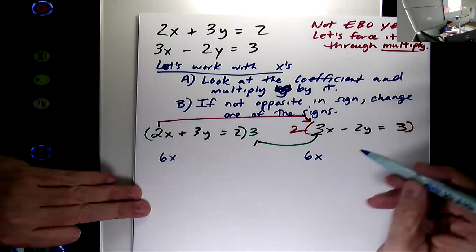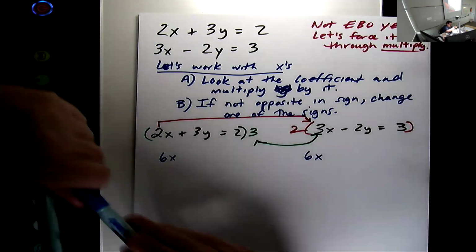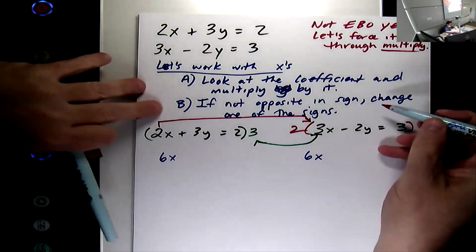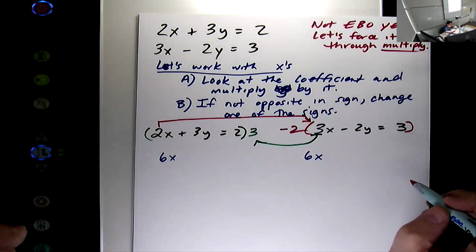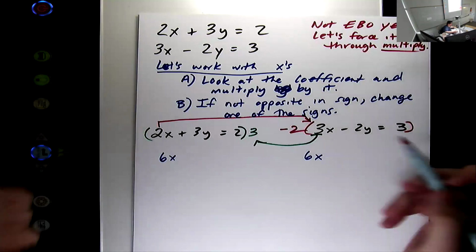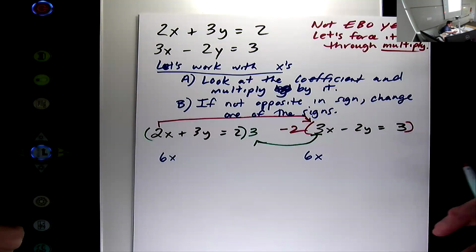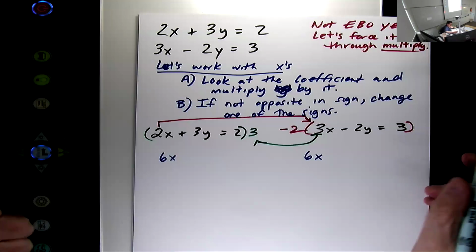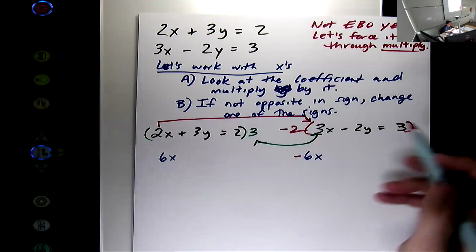We want to make them positive 6 and negative 6. So this is where part B kicks in. Make one of them opposite. I'm going to turn this 2 into a negative 2. I can choose which one I want to do. I chose the 2 because it's a smaller number, but it's your choice. Dealer's choice. So that'll make this a negative 6x.